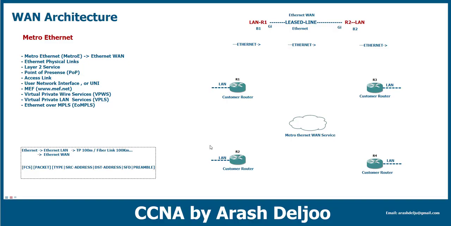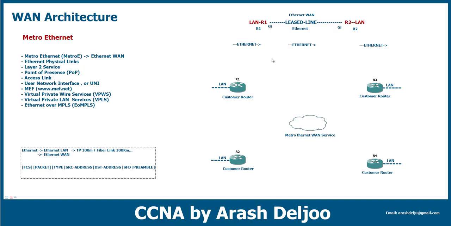This should be created and maintained by the service providers, and after that we can rent some part of the bandwidth of the fiber from the service provider, okay? Because of that, the difference between Ethernet LAN and Ethernet WAN is that the service provider should create the service, and after that we can buy this Ethernet WAN from the service provider.